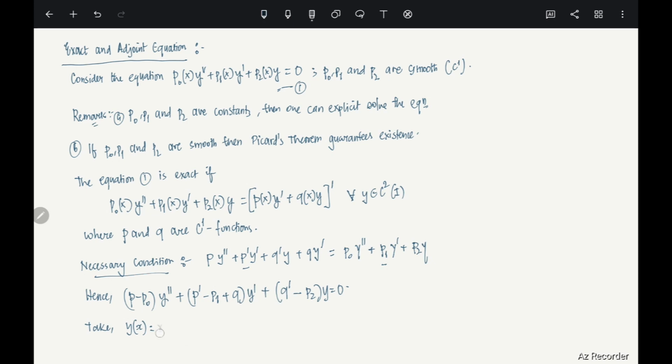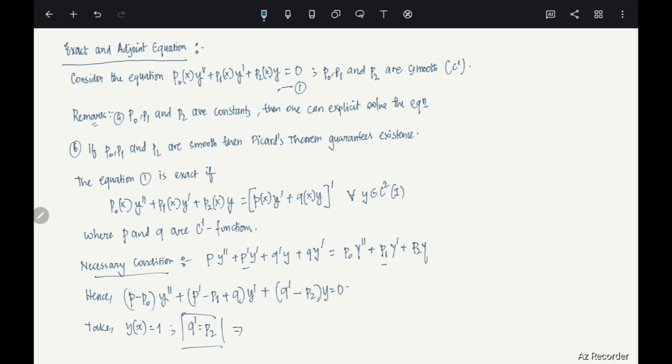Let's do that. Y to be 1. So if you do that, then you see y double prime is 0, y prime is 0. So basically q prime has to be p2. So you get this expression, q prime equals p2. That will imply what? So you know what q is. So q is such that q prime equals p2.